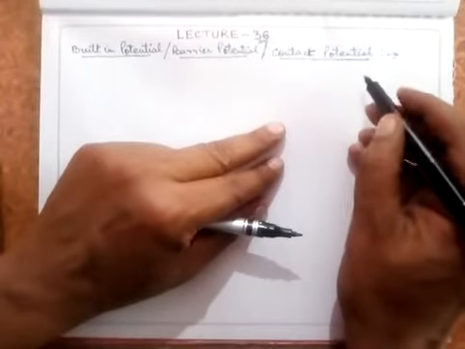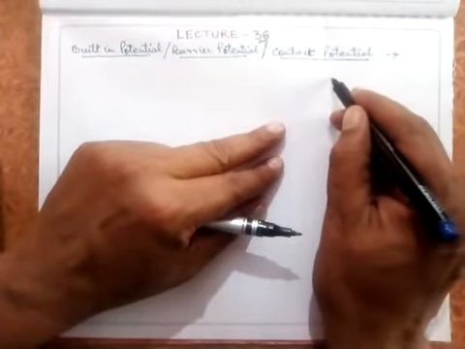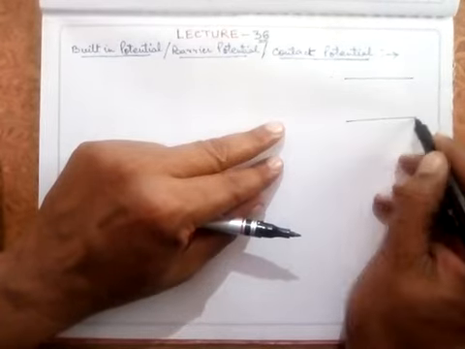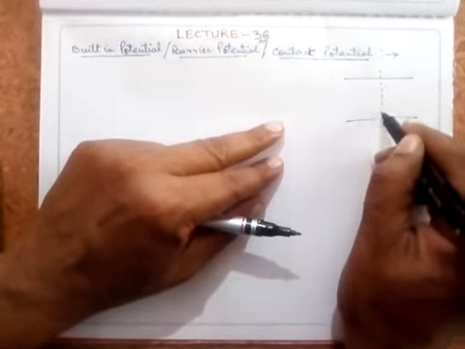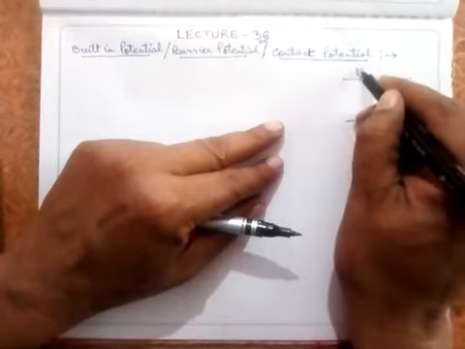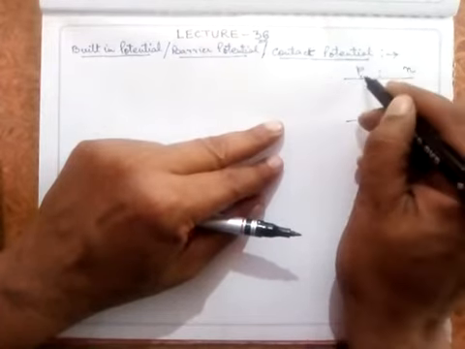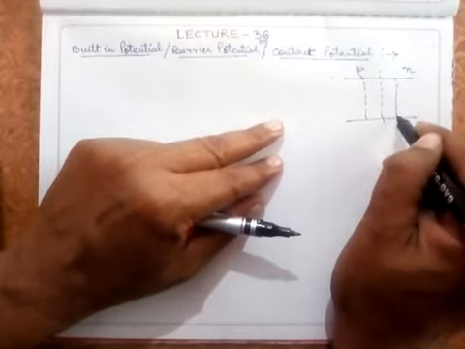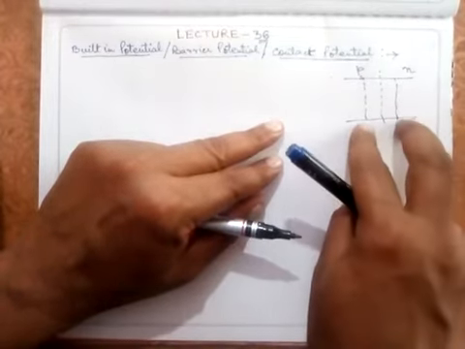Suppose I say that this is your PN junction. This is the P side, and suppose this is the N side, and this is your depletion layer where the built-in potential is developed.